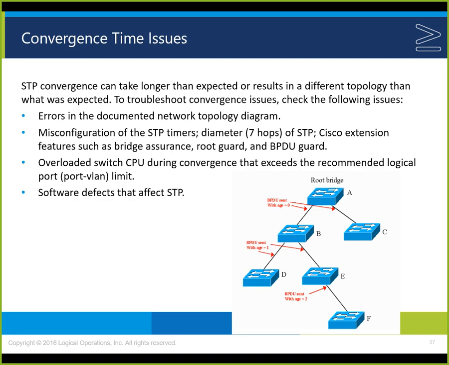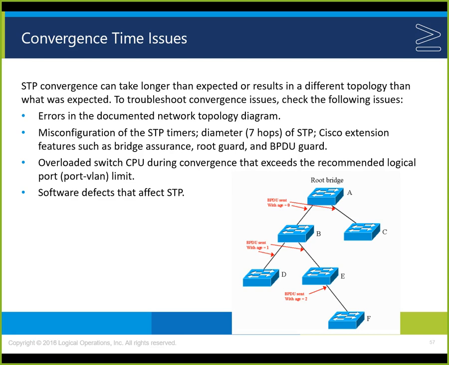Maybe it's just me, but many of us are not real good at documentation, and that's one of the things that really can kill you. Misconfiguration of the timers and the diameter: 7 hops is supposed to be the maximum that we have for spanning tree, 7 switches away maximum diameter for each of the instances.